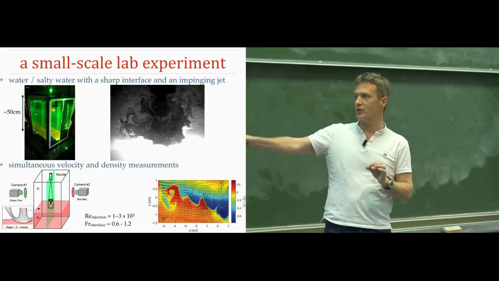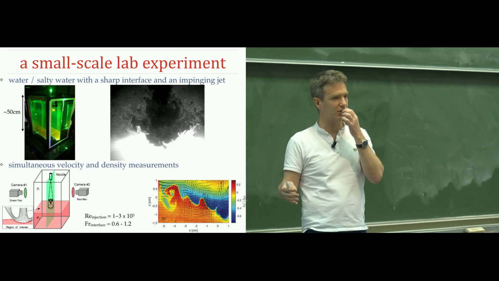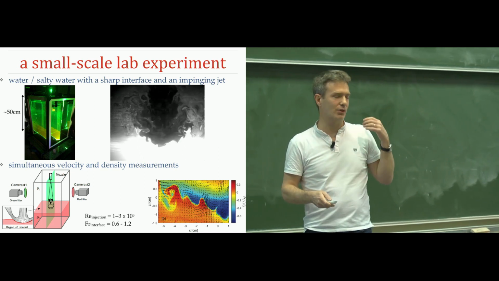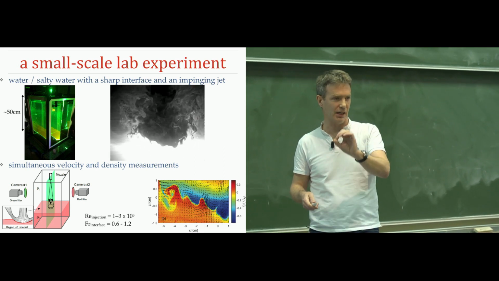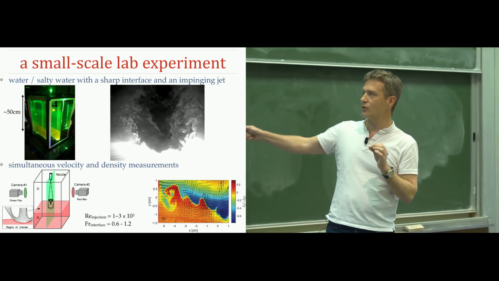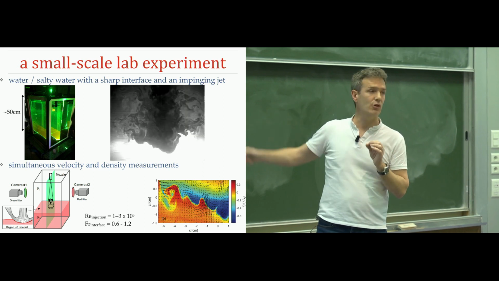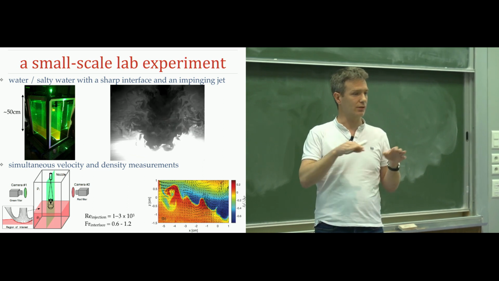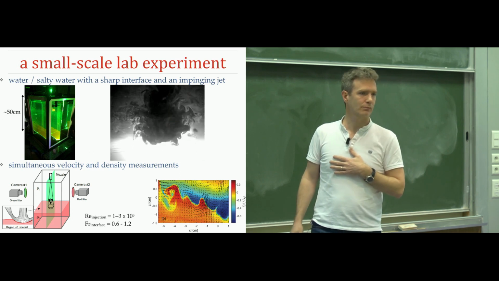We put some fluorescent dye in the bottom, and we measure the evolution of the light intensity, which is related to the concentration of the dye. With that, we can have maps like this, where the arrows show the velocity field, and the color scale shows the density anomaly compared to the equilibrium state. Okay?